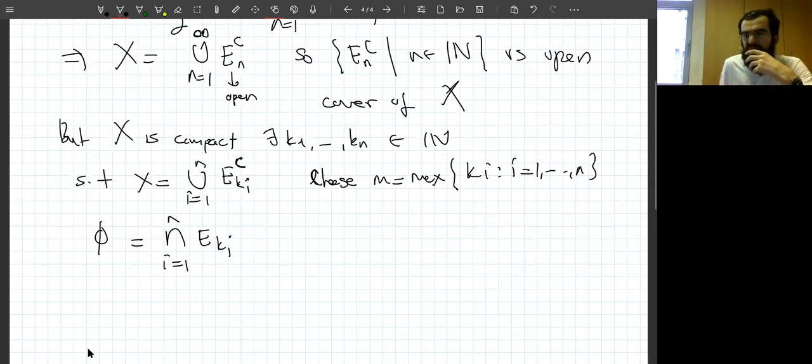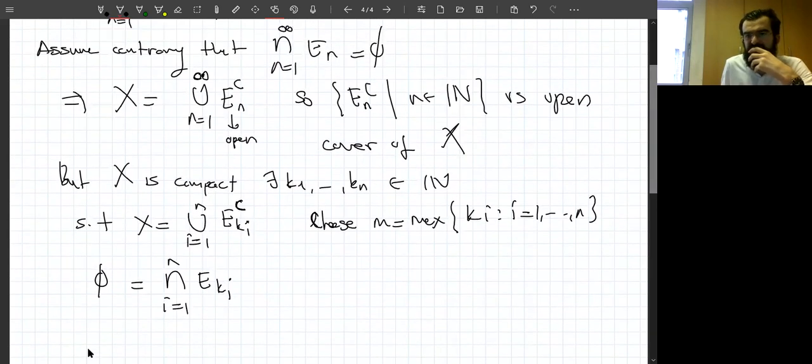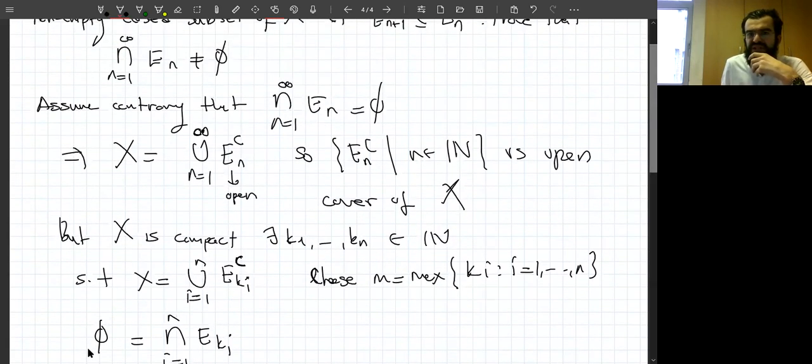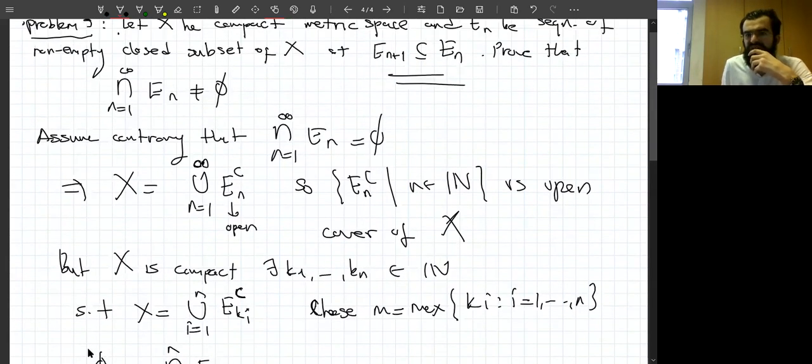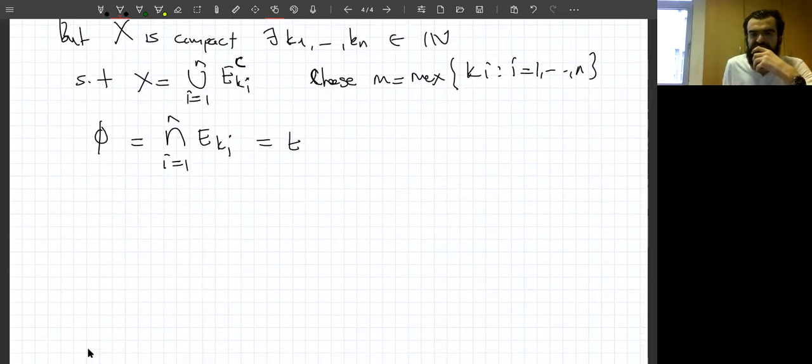But from the inclusion, as n increases, E_{n+1} is a subset of E_n, we conclude that this is E_m, as m is the maximum of these k_i's.